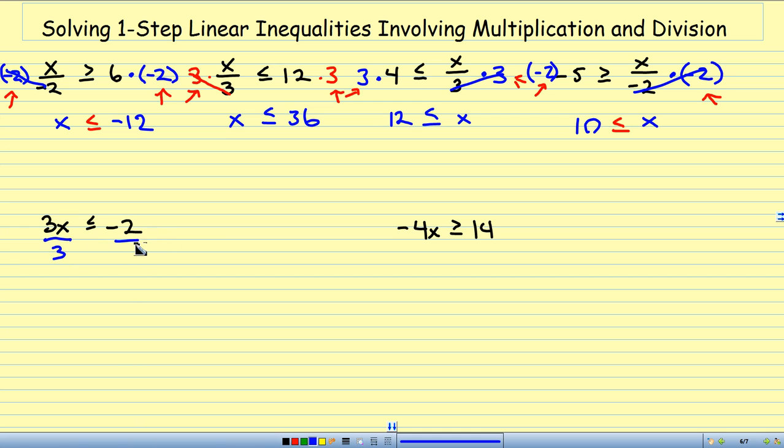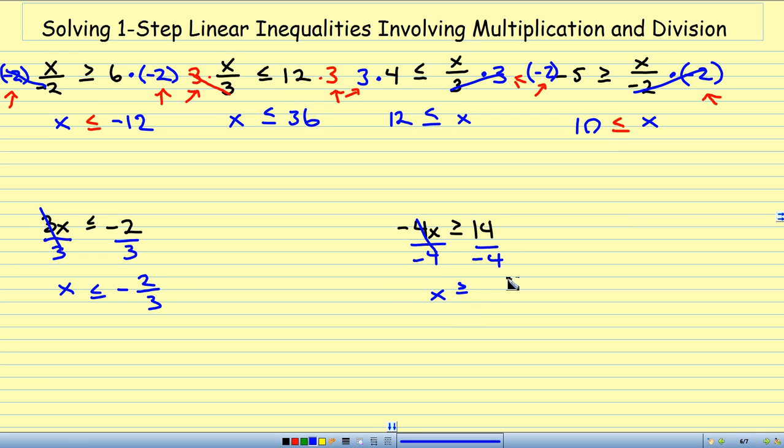So if I divide both sides by 3, I don't switch the direction of the inequality because I'm dividing both sides by a positive. So I get x, because these cancel out, is less than or equal to negative 2 over 3. And my last one over here, I'll divide both sides by negative 4, which will cancel out there.